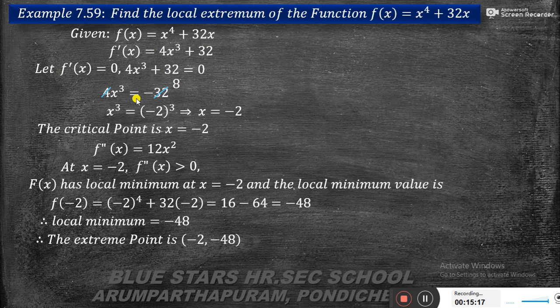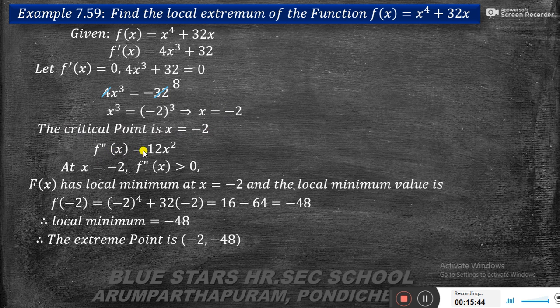So 4x³ = -32, so x³ = -32/4 = -8, which is (-2)³. Therefore x = -2. Therefore the critical point is x = -2.